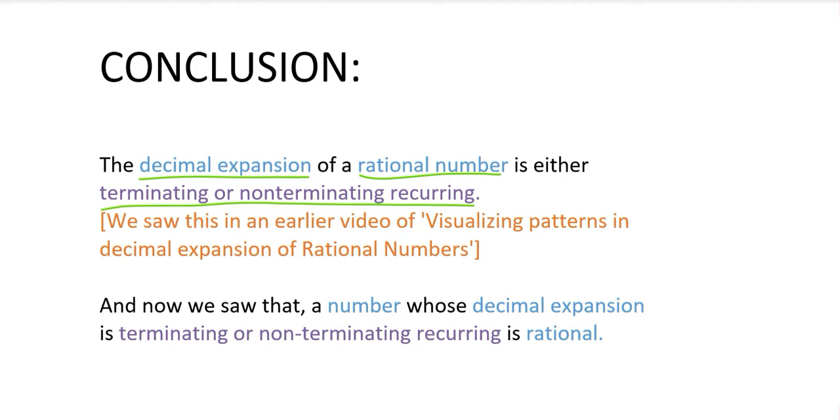And where did we see it? In the first video, visualizing patterns in decimal expansion of rational numbers. I made that video for you guys, and there I have shown you that every rational number has a pattern.